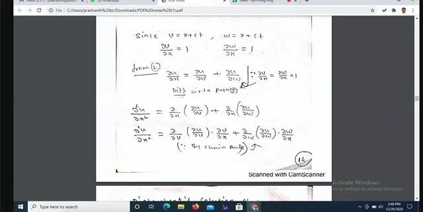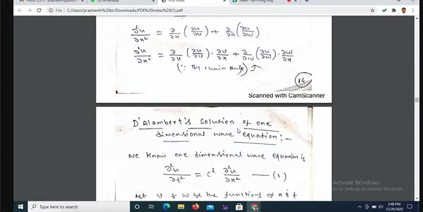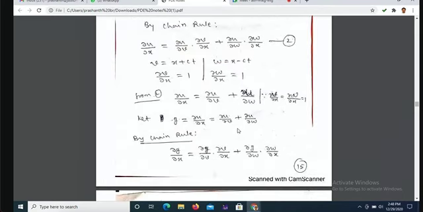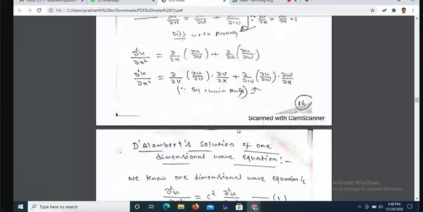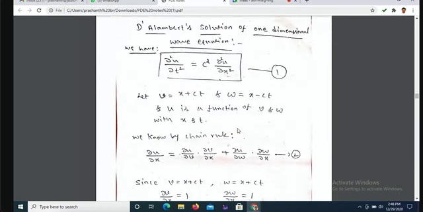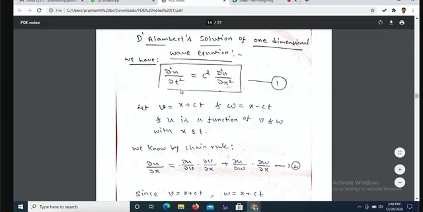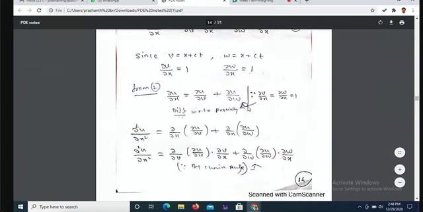If you differentiate with respect to x, what happens? Sorry. Oh, where did this come from? I don't know. Do one thing, just catch this page, because we made a mistake here.